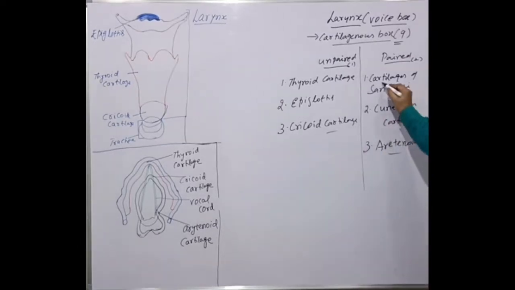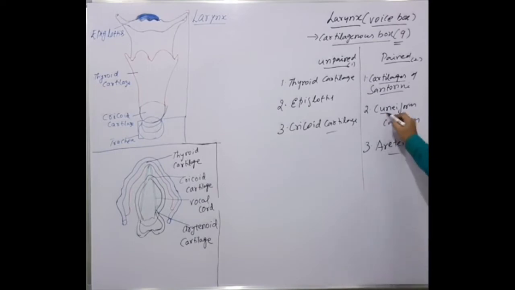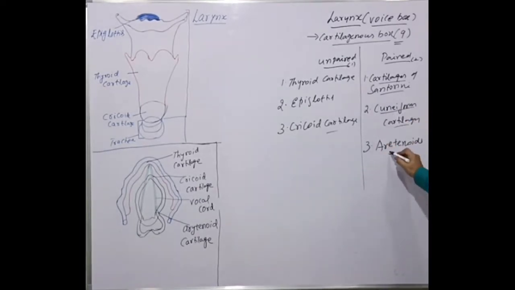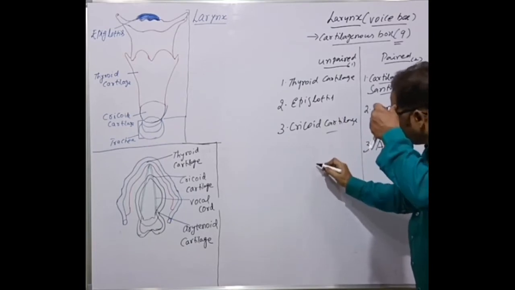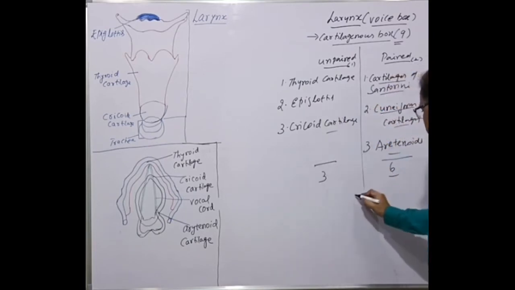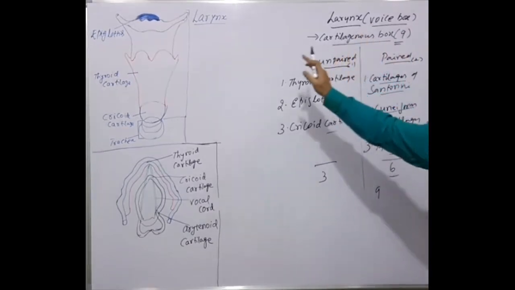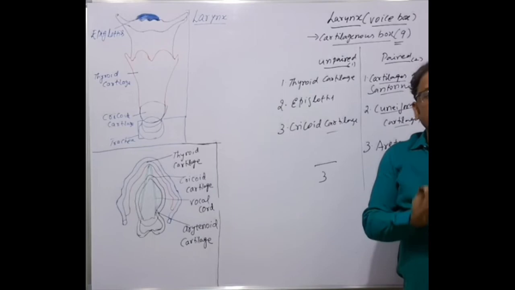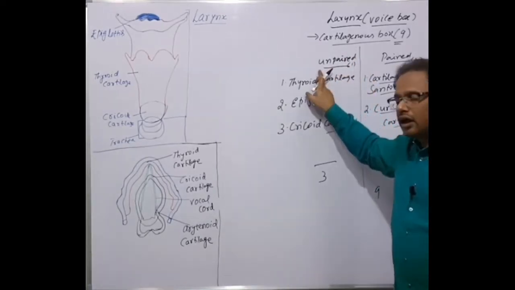Okay, students. Cartilages of Santorini, two in number, paired. Cuneiform cartilages, they are also paired, and arytenoids, they are paired here. 2 plus 2 plus 2, 6 cartilages. And 1 plus 1 plus 1, that is 3. 3 plus 6, how much? 9 cartilages totally. So we can say that the larynx is made of 9 cartilages, 3 are unpaired and 3 are paired.